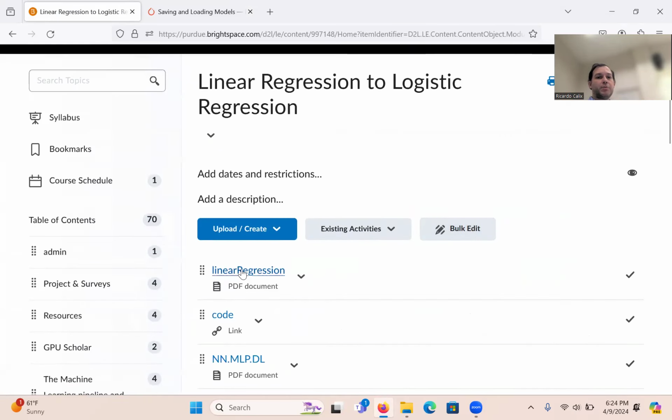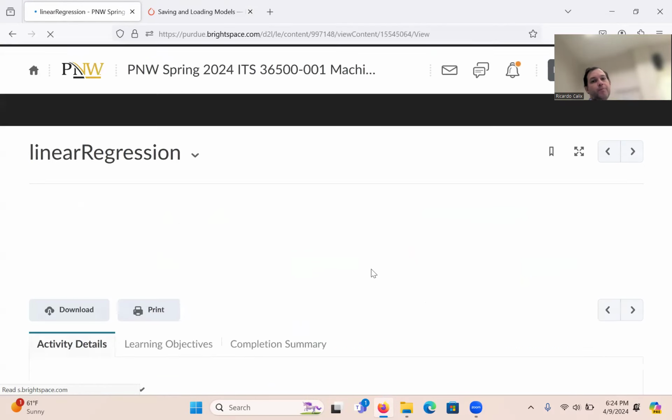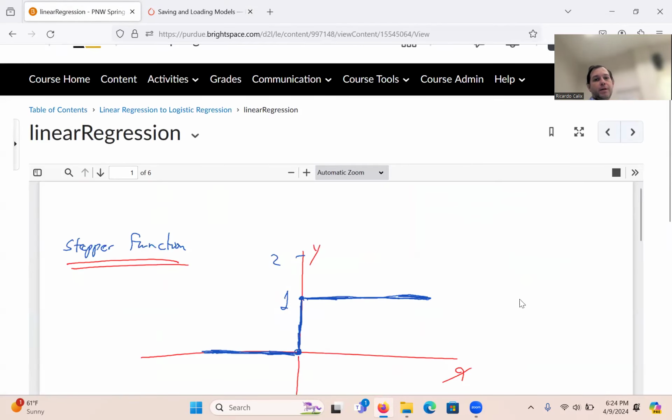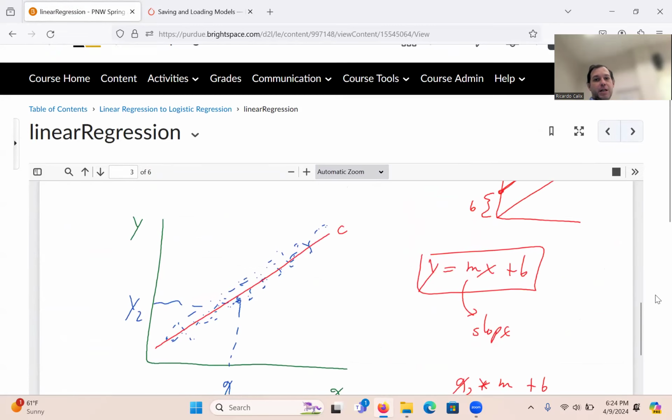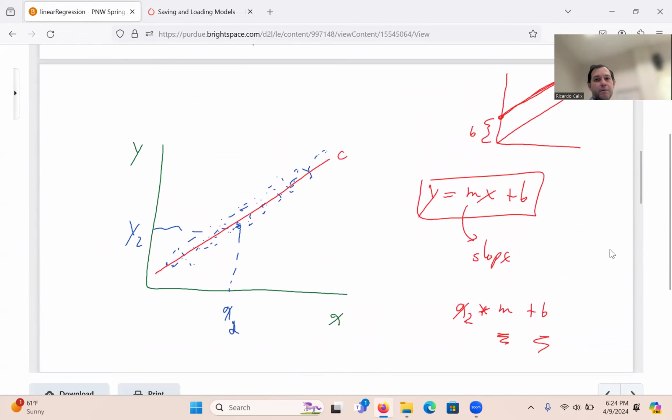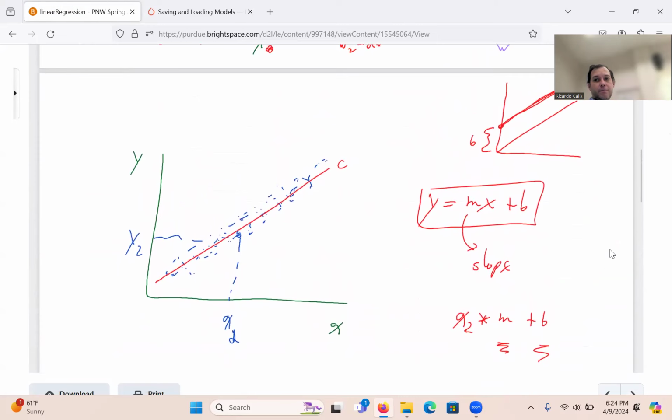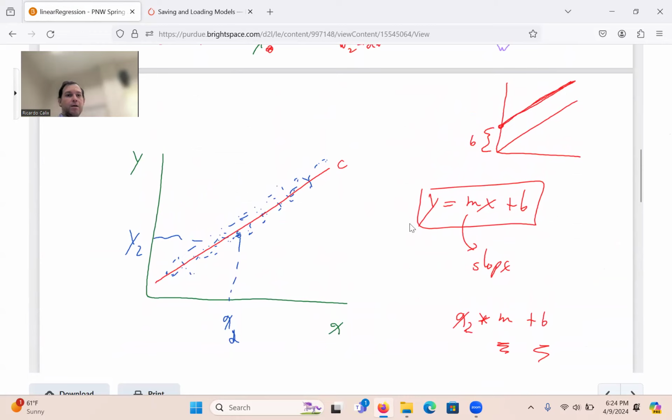All right, so I'm going to start with this one, linear regression. And I guess I'm going to start with this slide here. Okay. All right, so basically, we are building a neural net, right?